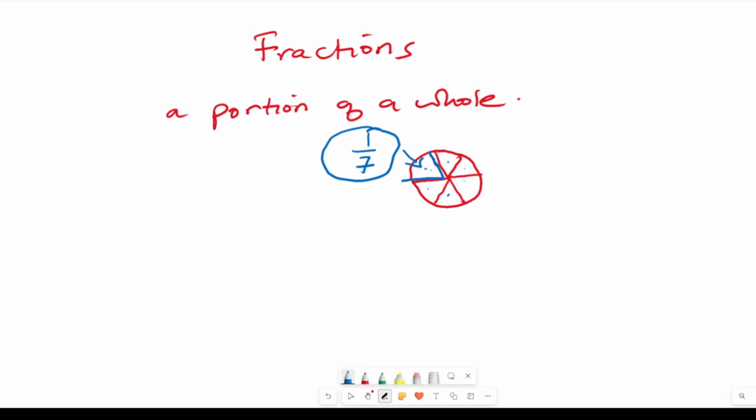Okay, so let's look at some terminologies around fractions. So we are looking at terminologies in fractions. So one, a fraction is in the form of one number sitting on a bar above another number.